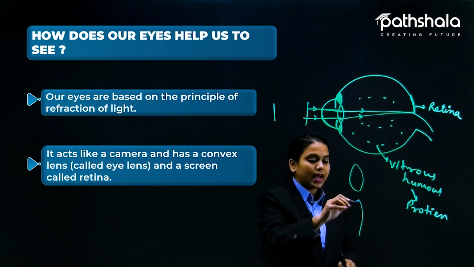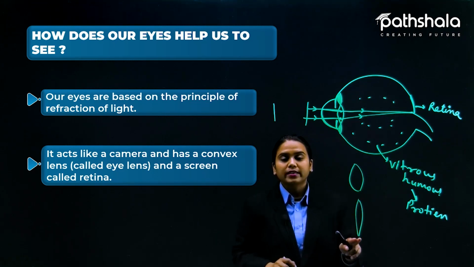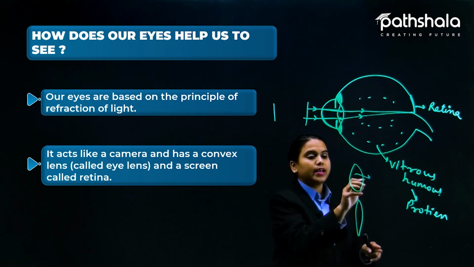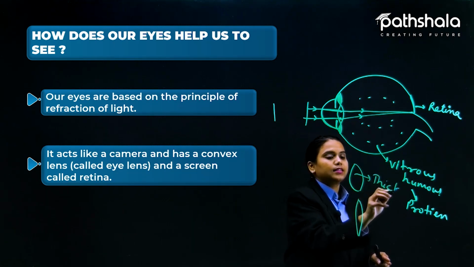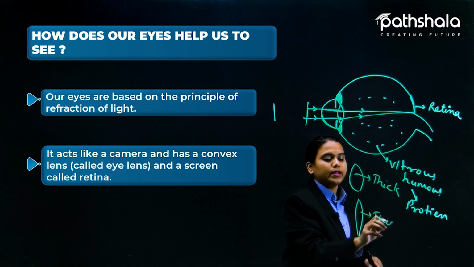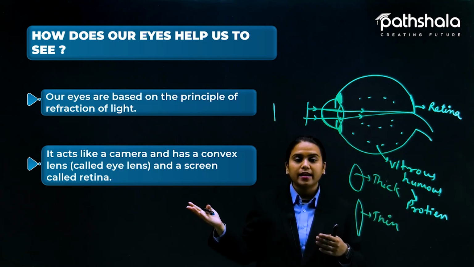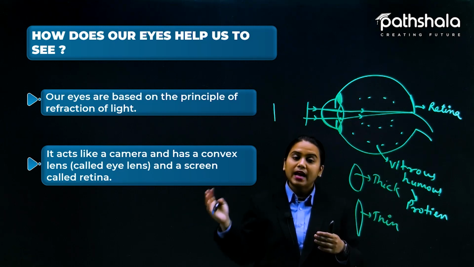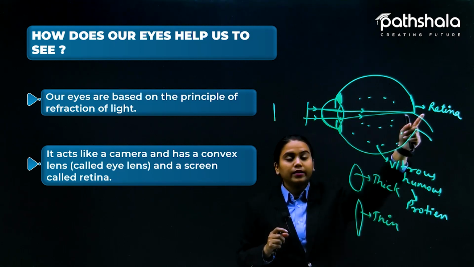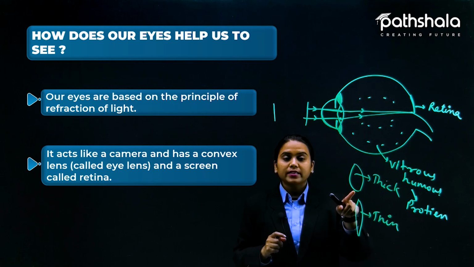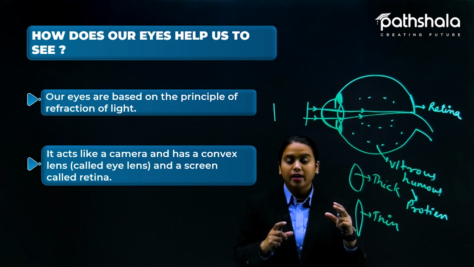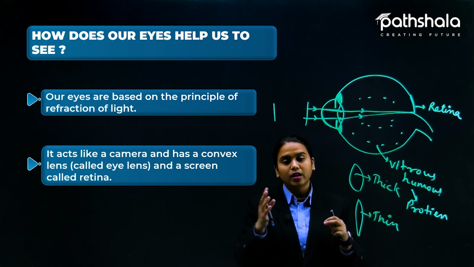When it is relaxed like this, it gets thin. So this is thick and this is thin. When it is thin, it is relaxed and the object is standing at a very far point that needs to be focused here on the retina. When the object is nearby, it is going to get itself thick.